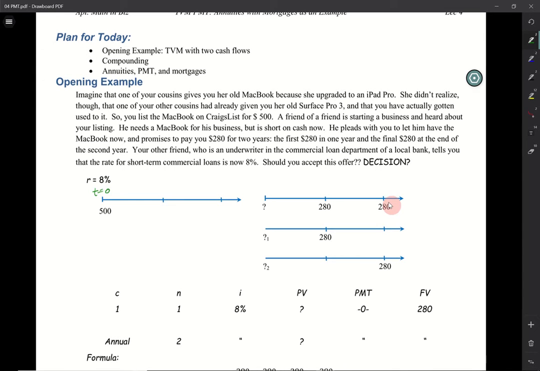So what should you do? So there's a cash flow at t equals 0, and a cash flow at time equal 1, and a cash flow at time equal 2. So what should you do?